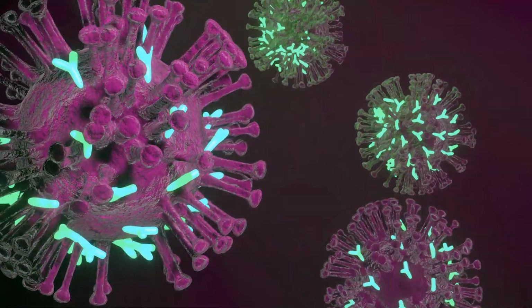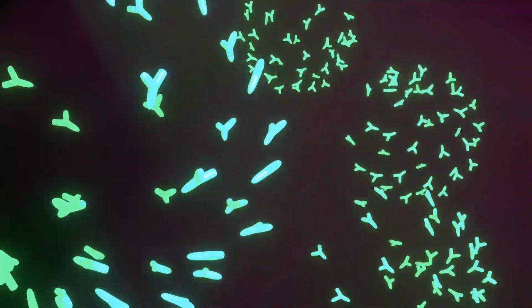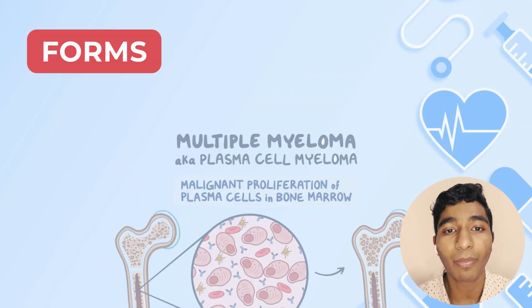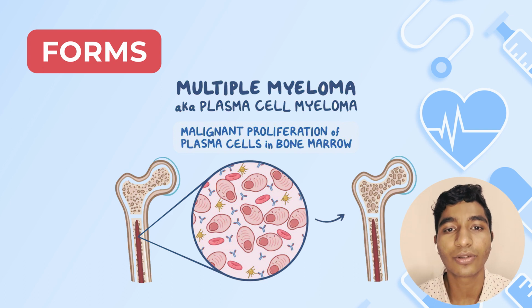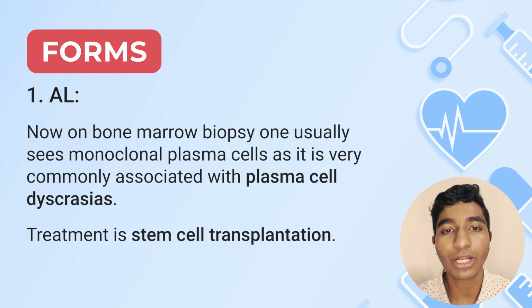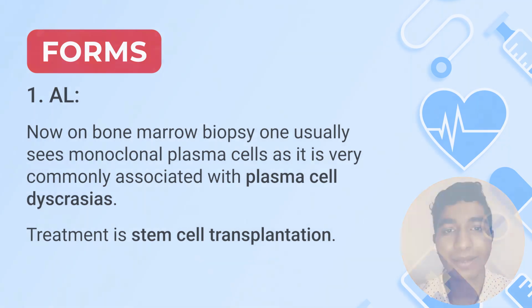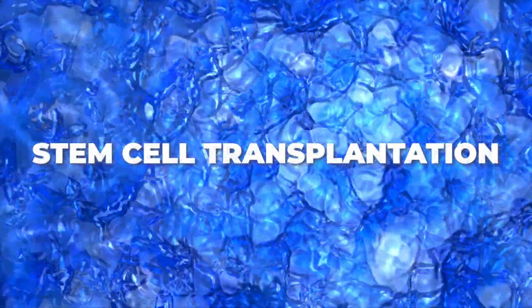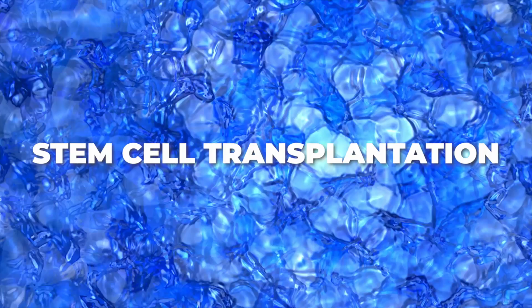So if there is a problem in the production of antibodies, such as a plasma cell dyscrasia or multiple myeloma or Waldenstrom's disease, there will be an overproduction of these antibodies, leading to an aggregation of these light chains outside the cell. Now, there's not much we can do for treatment in case of plasma cell dyscrasias, except perhaps a stem cell transplantation or a few monoclonal antibodies, which we will talk about later.